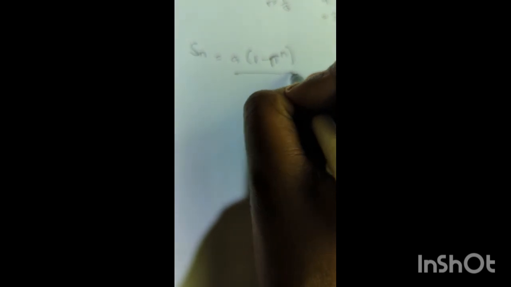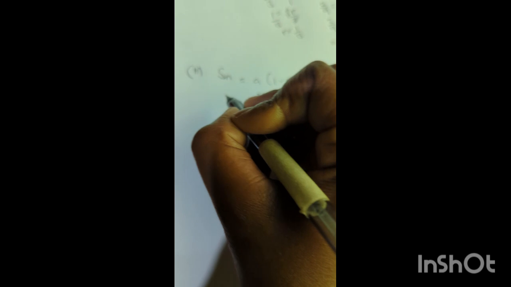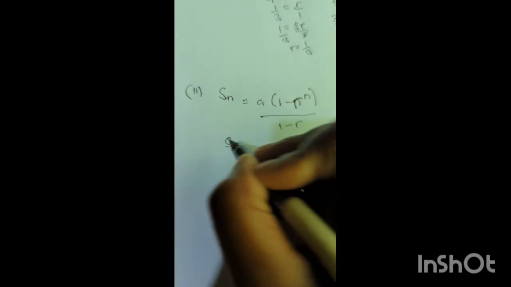Okay, the sum is given by a, open brackets, 1 minus r to the power n, close brackets, over 1 minus r. This is for when r is less than 1. So you just substitute here. What's the question? The sum of the first 5 terms. So our n is 5.